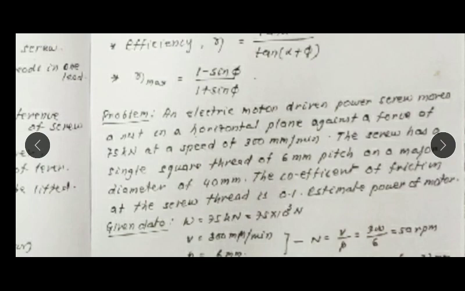In this case, what is the given data, and what is the data to be determined using formulas. So a force of 75 kN is the load to be lifted, and the speed of 300 mm per minute is the speed of the nut; it is mm per minute.